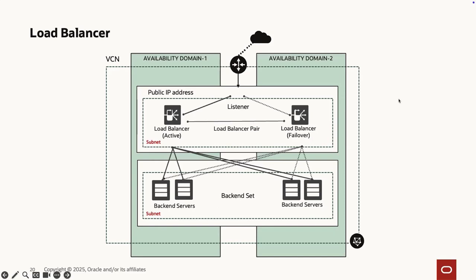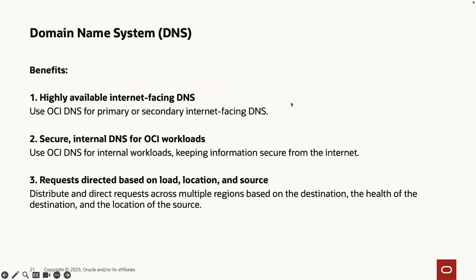The next piece we're going to go over is the OCI domain name system, or DNS. So a little background on DNS. The DNS service is basically here to help you create and manage your DNS zones within OCI. So a DNS zone is just a part of the overall DNS namespace, and then the SOA defines a DNS zone within that namespace.